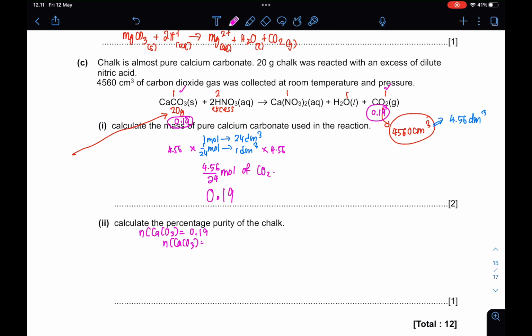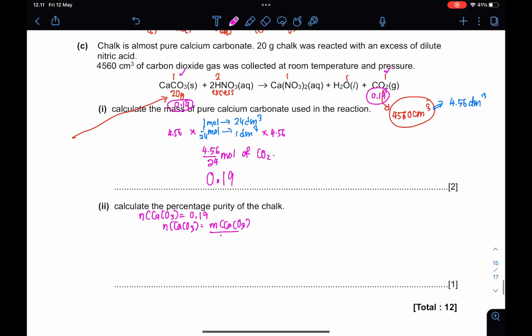But let's calculate the mass. Number of moles of calcium carbonate is 0.19.